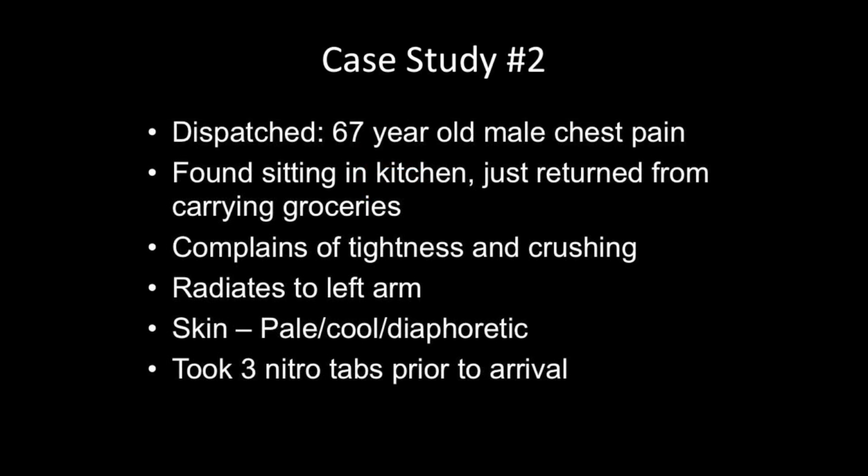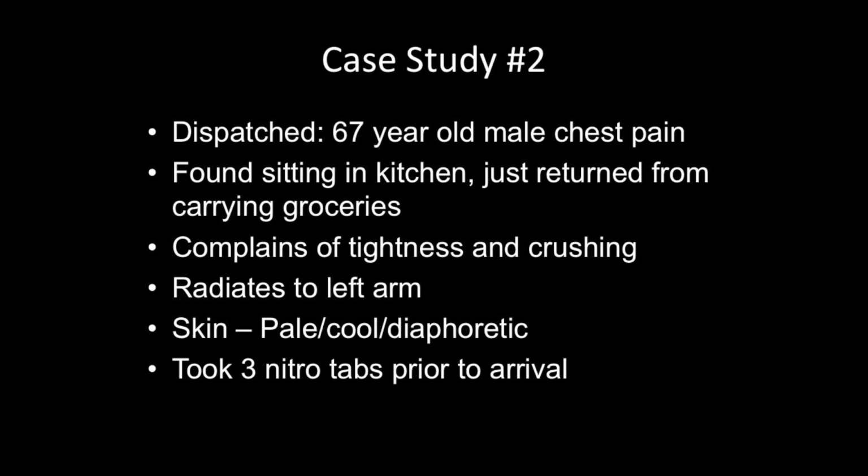Okay, so 67-year-old male, chest pain, and they're sitting in the kitchen, returned from carrying groceries. So some level of exercise, right? For a normal person, no big deal, right? Maybe a little bit winded, but a 67-year-old is winded, right? Okay, so tightness and crushing, don't like that, right?